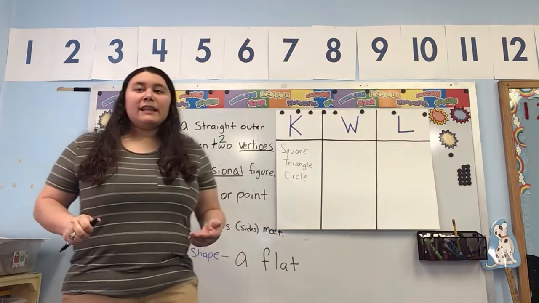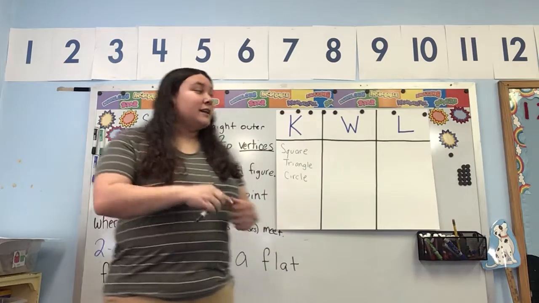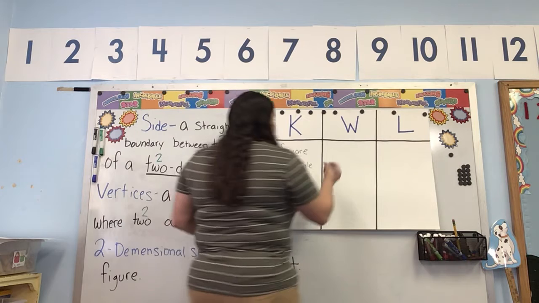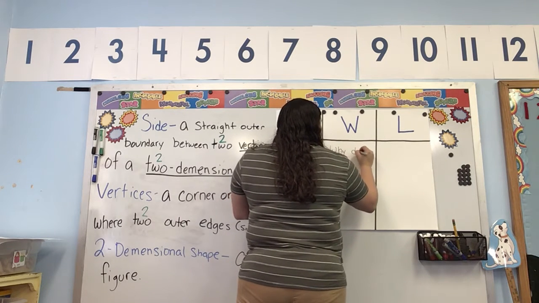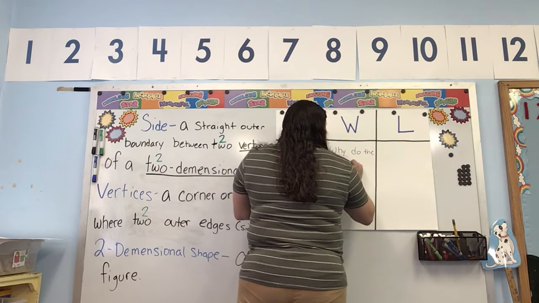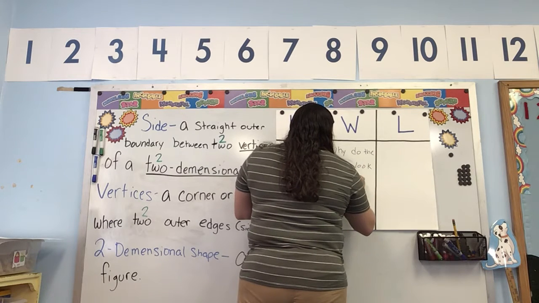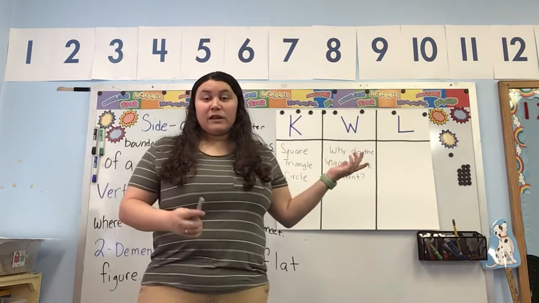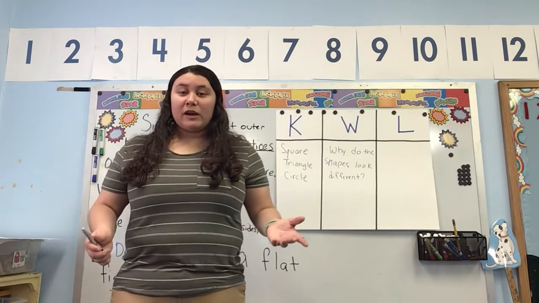Is there anything that we want to know about our shapes? Good, that's a good question. Why do they all look different? And we're gonna figure that out through our lesson. On the L part of the KWL chart, we are going to finish at the end of the lesson once we know all that we know about our shapes.